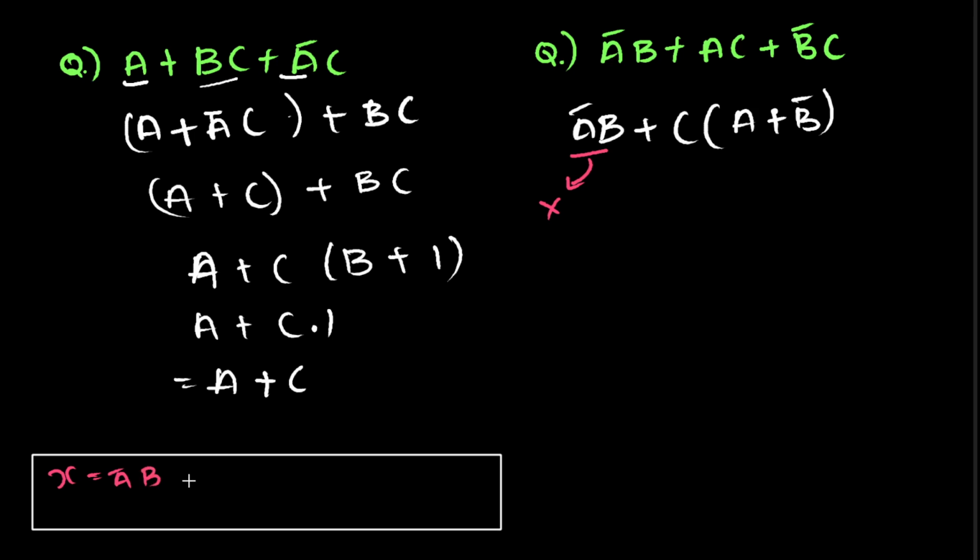If I am applying De Morgan's theorem, then I will split the complement here, then a bar b plus b, that will be equal to a plus b bar.